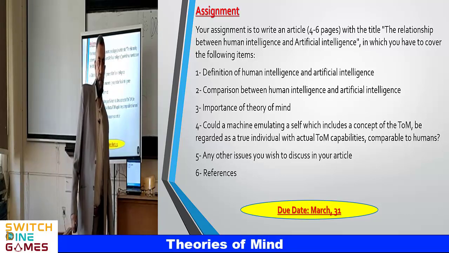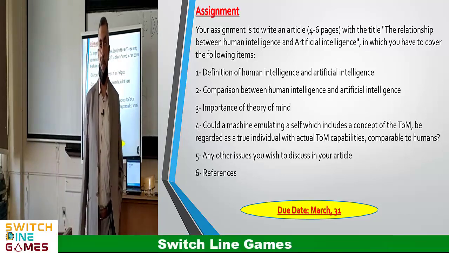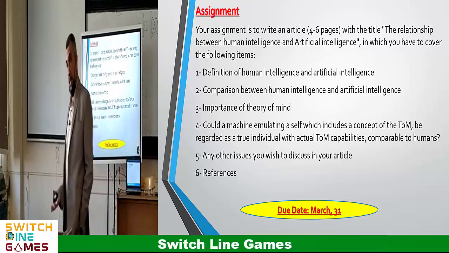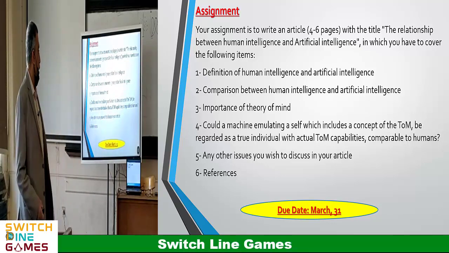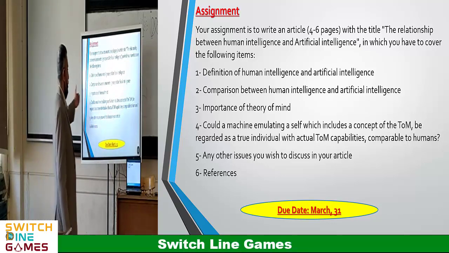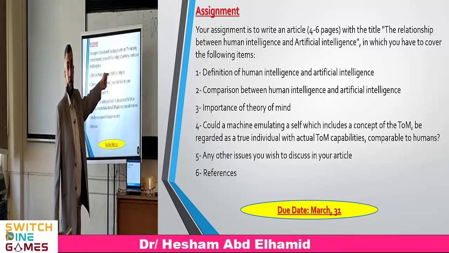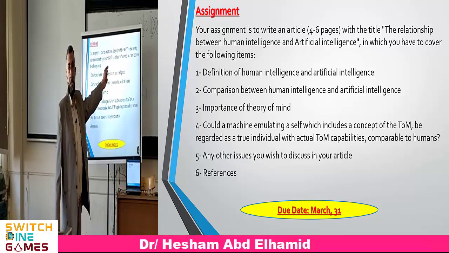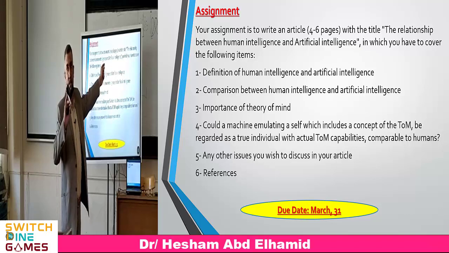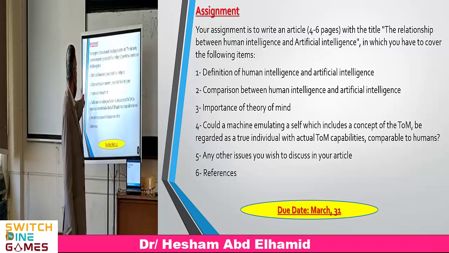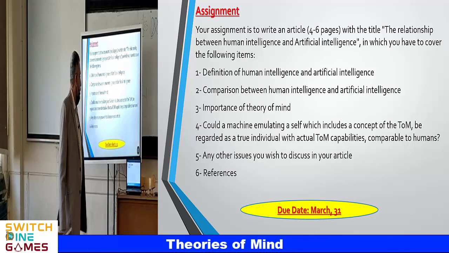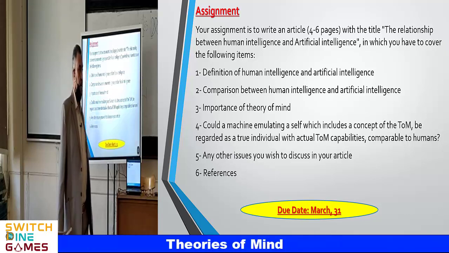What is the meaning of theory of mind, and what is the importance of theory of mind in our field of artificial intelligence? Number four, put a machine in your reasoning as a concept of theory of mind. TOM, T-O-M, is the abbreviation of theory of mind. Okay? Be regarded as a true individual with actual theory of mind capabilities.